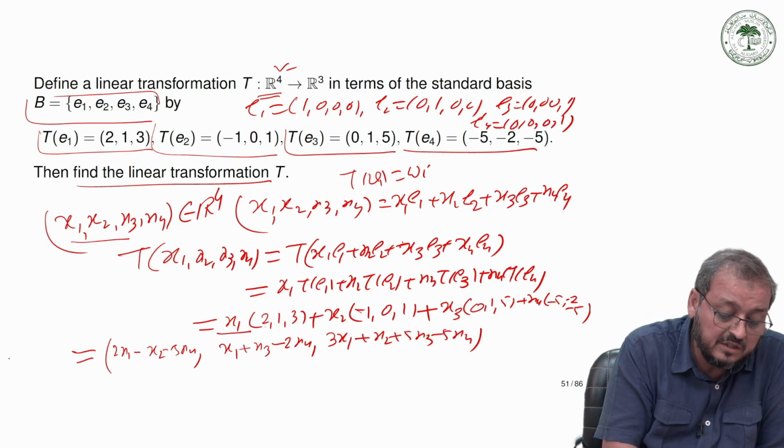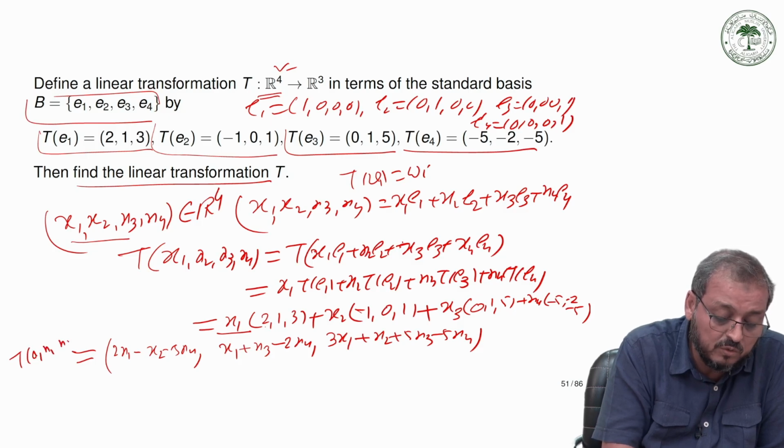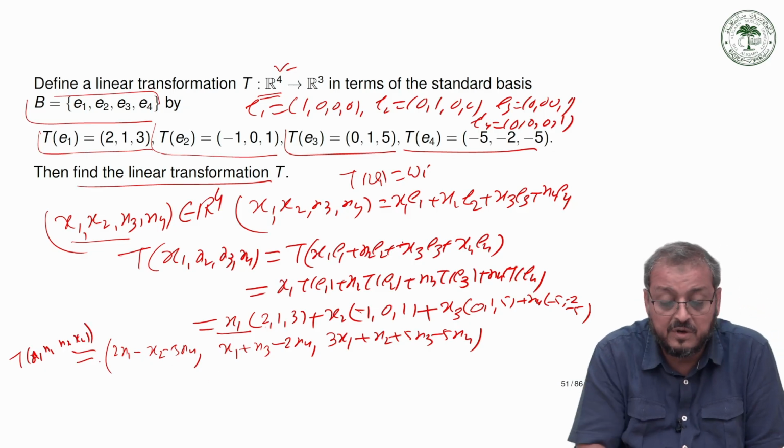So this is the general transformation T of x1, x2, x3, x4 written in this form.